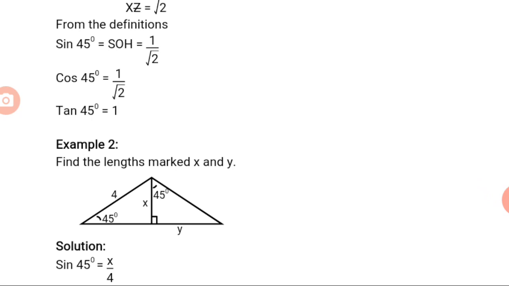It means that sine 45 degrees equals to cos 45 degrees, which is equal to 1 over root 2. Exactly. Then tan 45 degrees is 1. Are we together? Please note all these things and try to put it into your memory so that you will not forget. Is that clear?